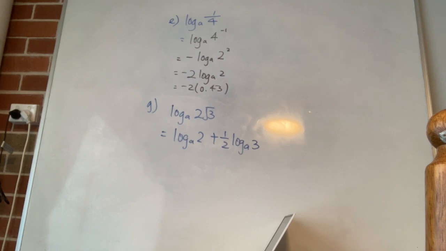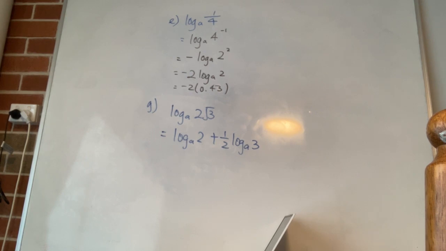Times 3. Split into 2 parts. So log a of 2 plus log a of 3 square.